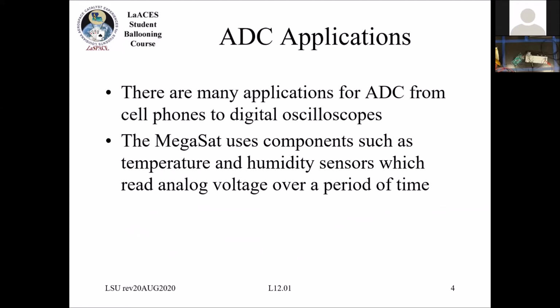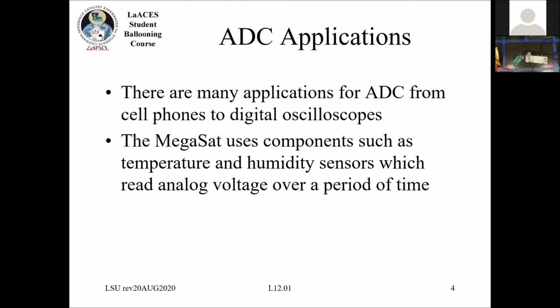So basically every piece of modern electronics will have multiple ADCs in it. So for example, the oscilloscope that was used during the oscilloscope activities was displaying a digital display, so it was taking a voltage signal and converting it to a digital signal so it could display it.